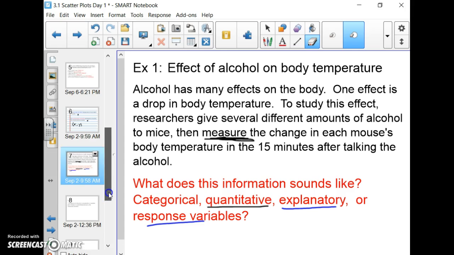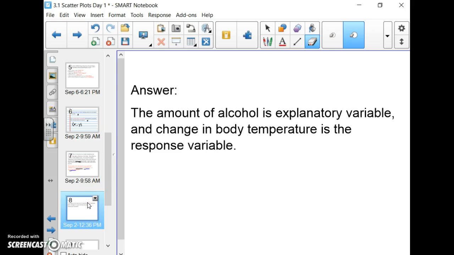And as far as which one is explanatory and which one is the response variable, here's the answer. The amount of alcohol is the explanatory variable, and the change in the body temperature is the response variable. Like I said before, the explanatory and the response variables are interrelated.